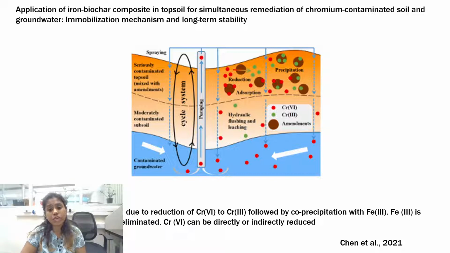We have also looked at what are all the different regions in the country that are really affected by chromium in the groundwater and so on. So here in this particular case, they have done various processes including adsorption, reduction, and finally precipitation, even hydraulic flushing and leaching.